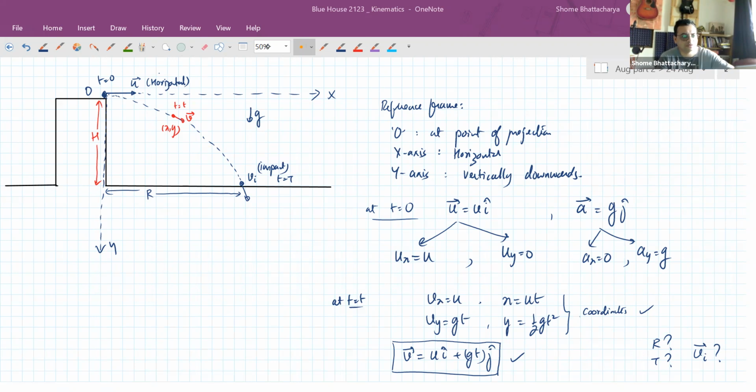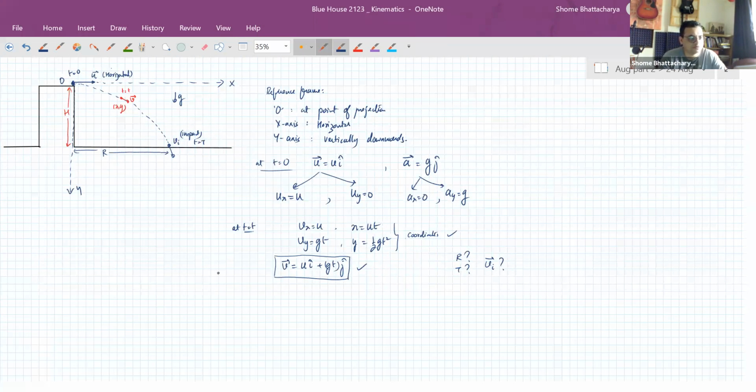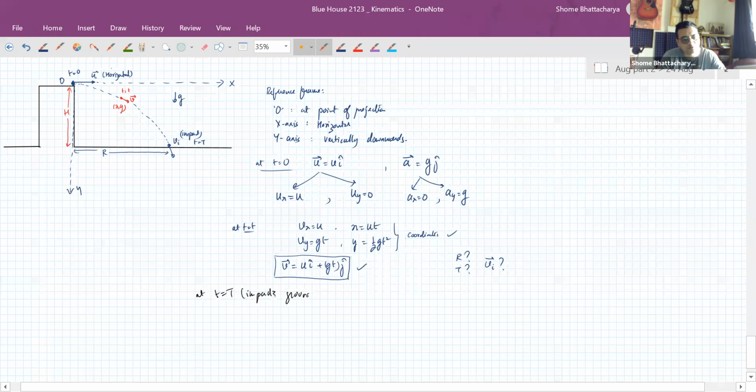Okay, so from this now you can see that as a formula, if we develop this, at time capital T, when it impacts the ground below, the y coordinate should become capital H. So from equation 2, we have that H should become half g T squared.